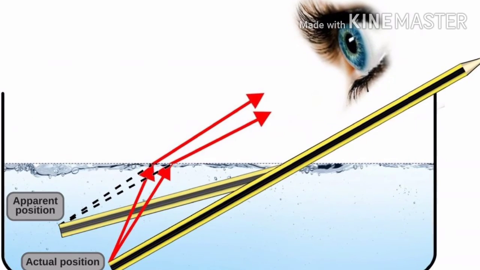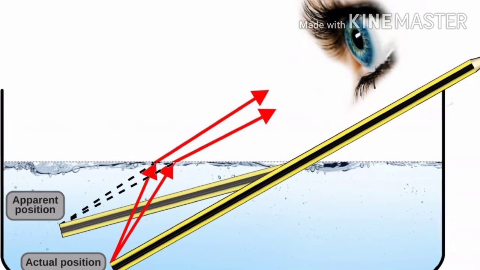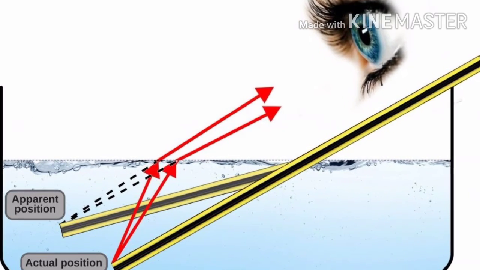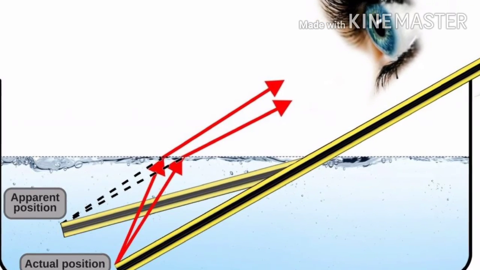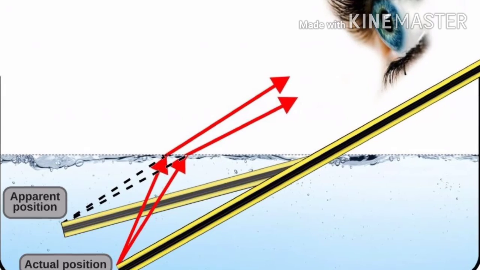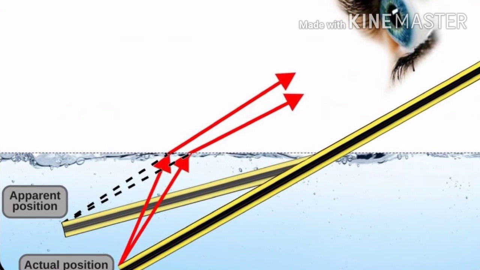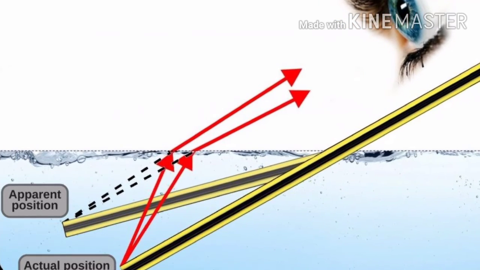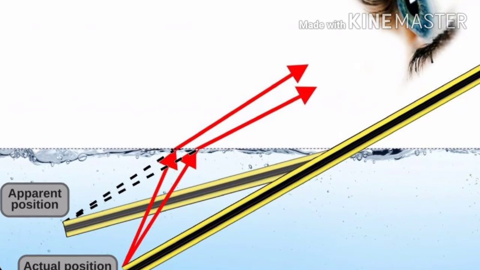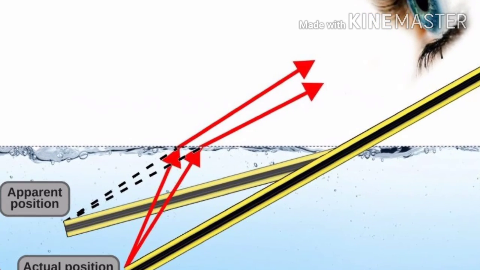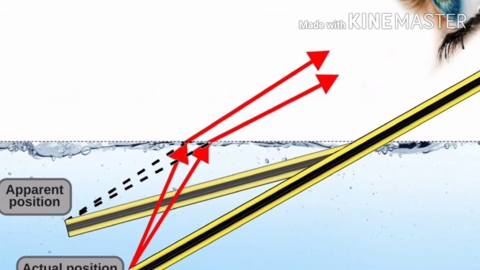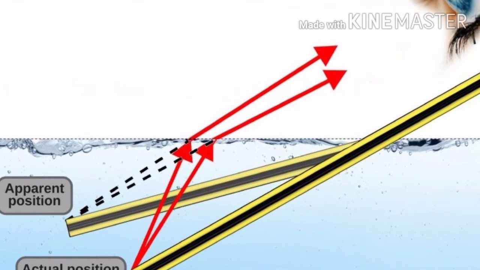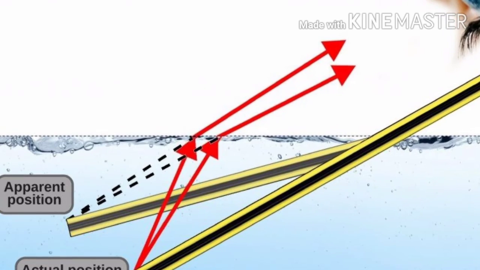When light comes from water to air, it deviates and comes in a particular direction to your eye, and you are seeing the object in the water in the position in that particular direction from which light comes to your eye. Here you can see the apparent position and the actual position.